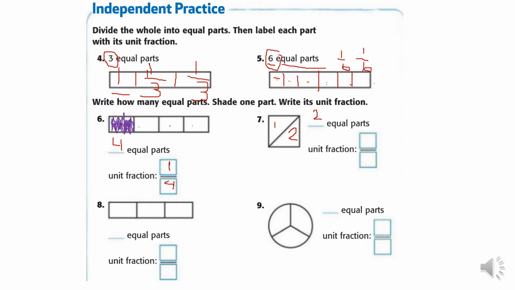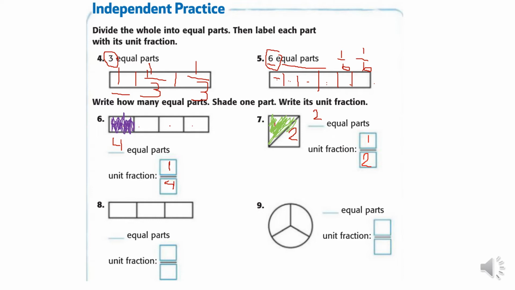We have to color one part. I'm gonna color it with green. You're gonna color it really pretty. Yes? Okay, so the unit fraction, if we have one part, the number under is gonna be 2, right? Because we have 2 parts.